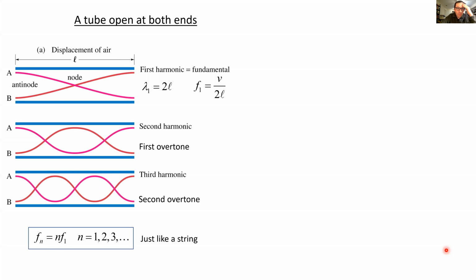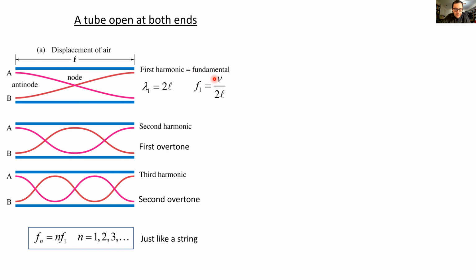Okay, so let's summarize. Here's the tube open at both ends, and you can learn to draw these pictures like this. The terminology I know is obnoxious. First harmonic, second harmonic, third harmonic. The first harmonic is called a fundamental, and then the next excitation is called a first overtone and a second overtone. So yeah, kind of annoying terminology, sorry about that.